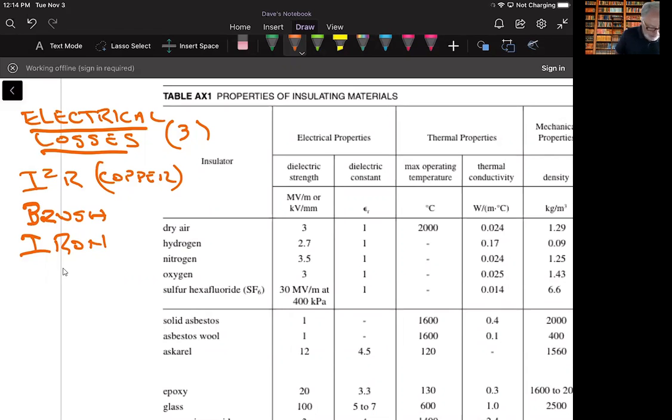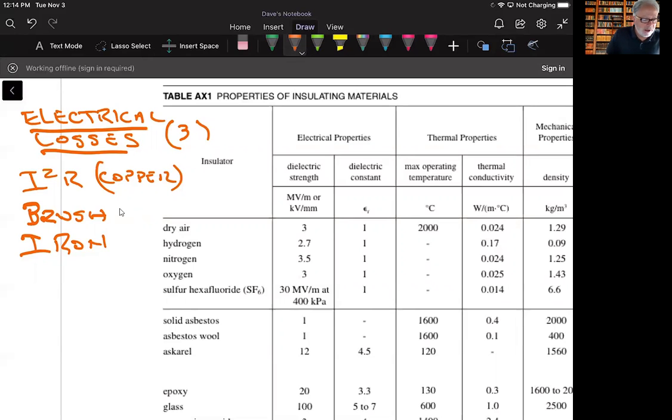Now, as we go through this, he breaks down each one of these and goes into a little more detail. And the first one he goes through is the conductor losses, or these I2R losses. They don't necessarily have to be copper, would they? I mean, we think about that because that's by far the dominant type of material used for conductor construction.